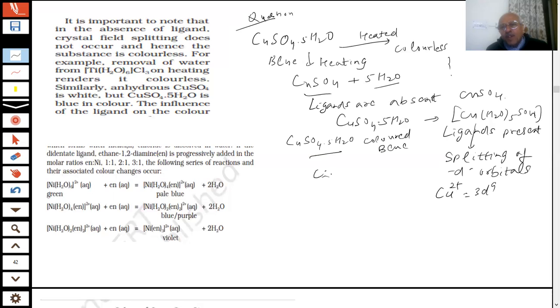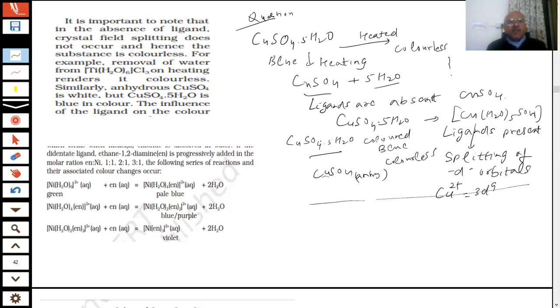Therefore, anhydrous CuSO4 is colorless. Interesting. We only knew copper sulfate is blue. Such questions are important for us.